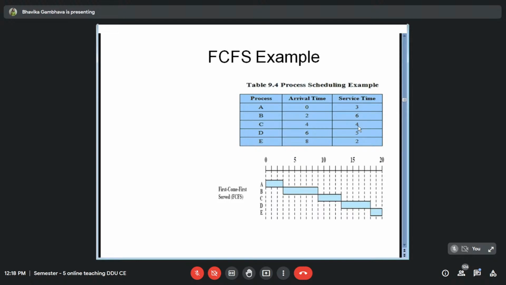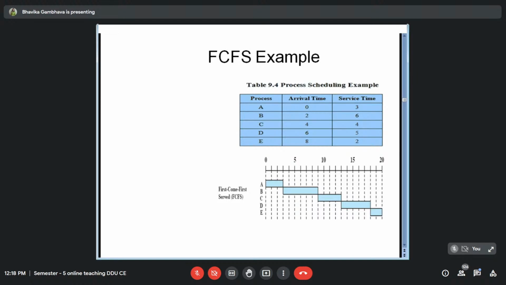C is taking 4 units. So next 4, at 13, C will end. Then D will take over. Then 13 to 18, it will execute and at the end, E will be given the execution and it is 20. If we look at this, then service time is 20 and at 20, we will have completed that.